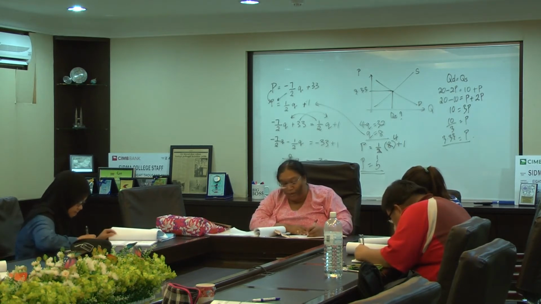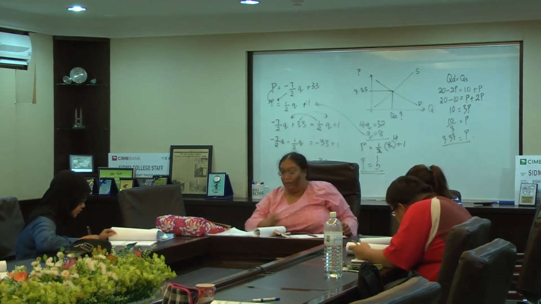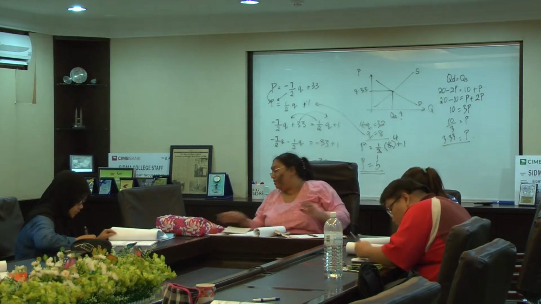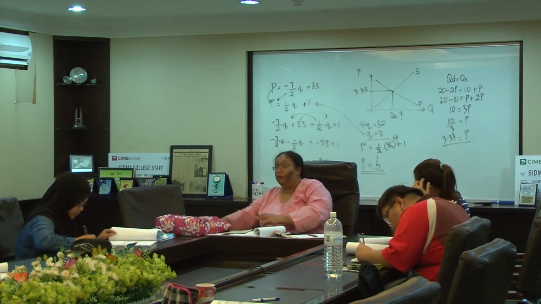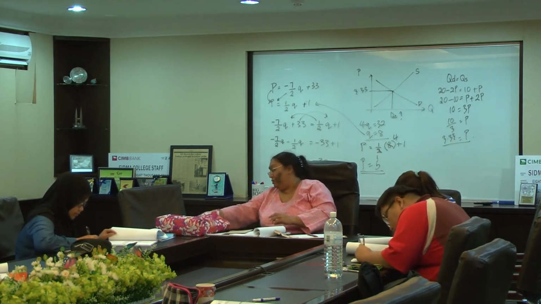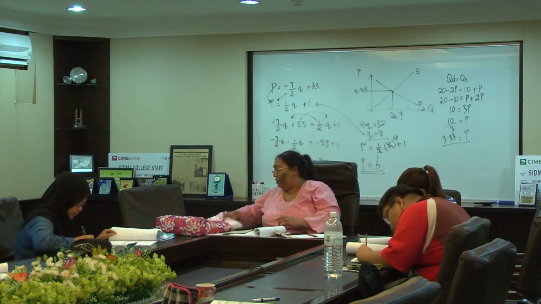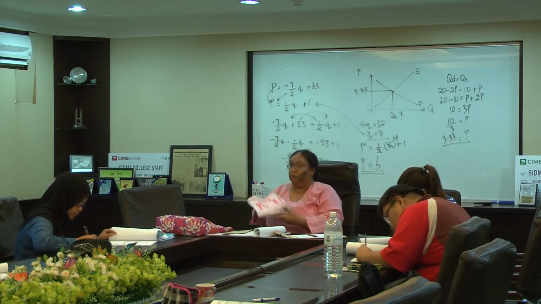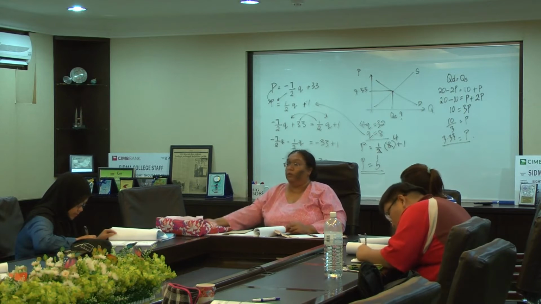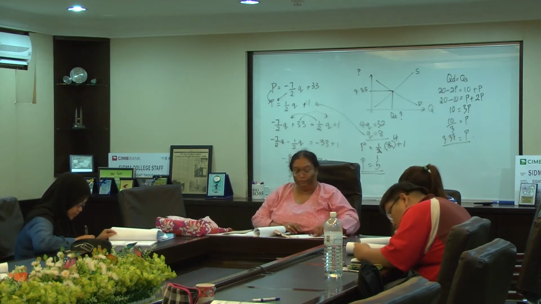Q equals to 80 plus 2P. P is what? What is P? 16. They already told you it's 16. Okay?